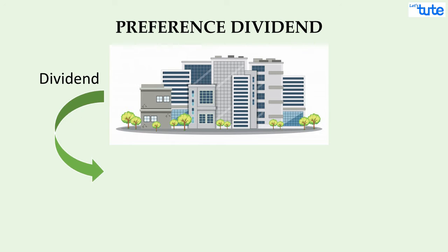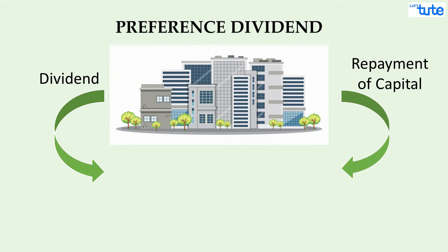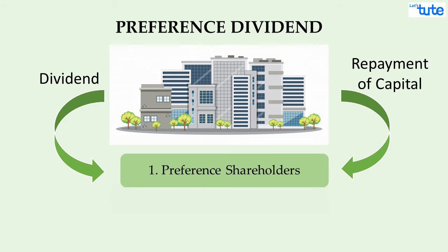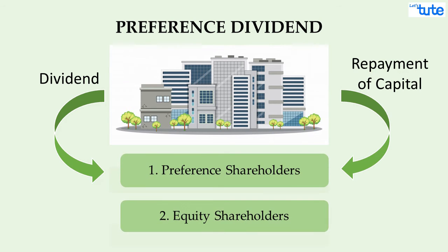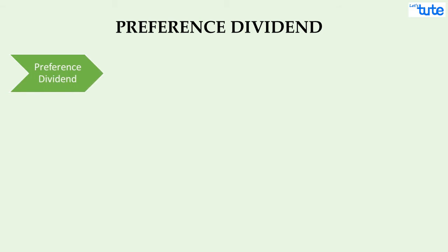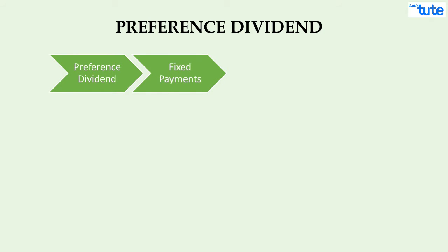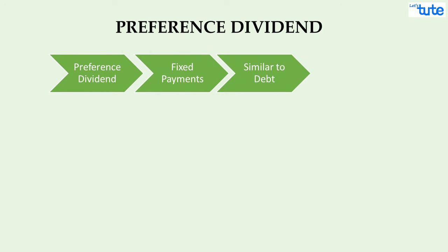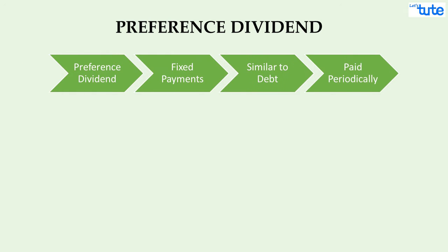On the matter of payment of dividend and repayment of capital, the preference shareholders carry the preferential rights over the equity shareholders. That's why preference dividends are paid before equity dividends. These dividends are also treated as fixed payments, as they are similar to debt related payments and are paid periodically.